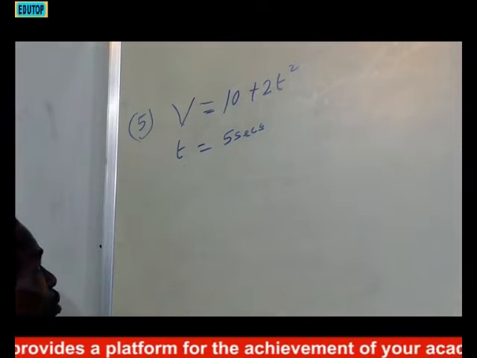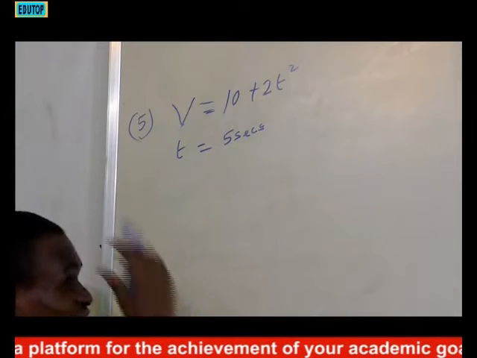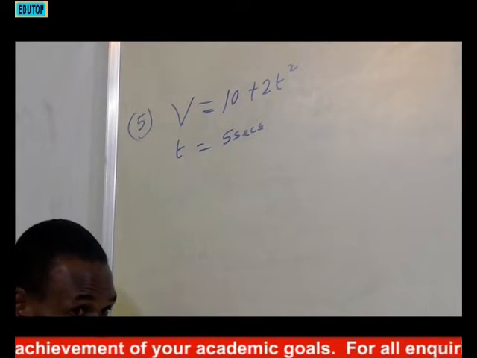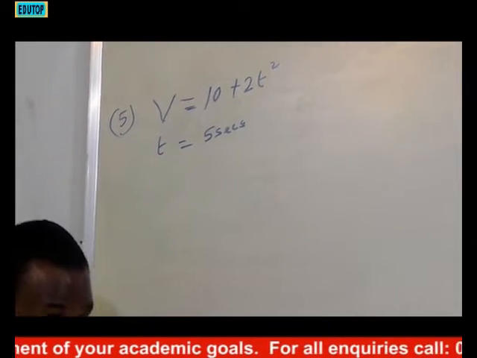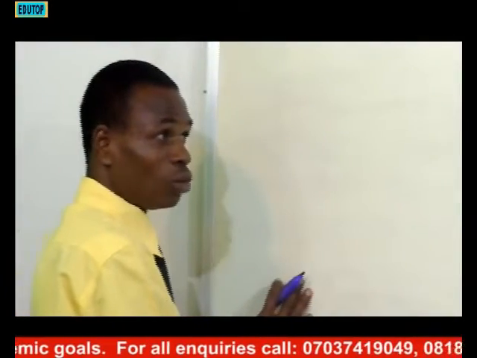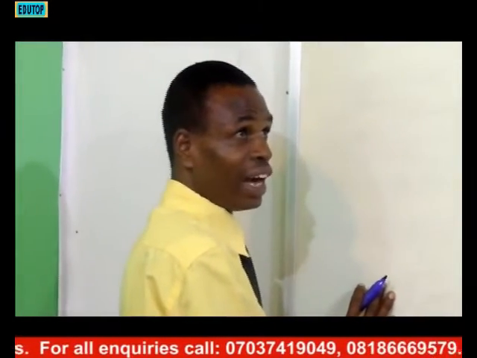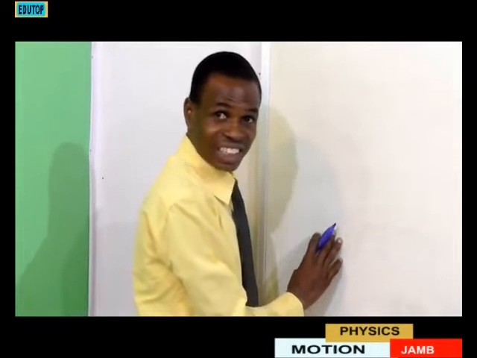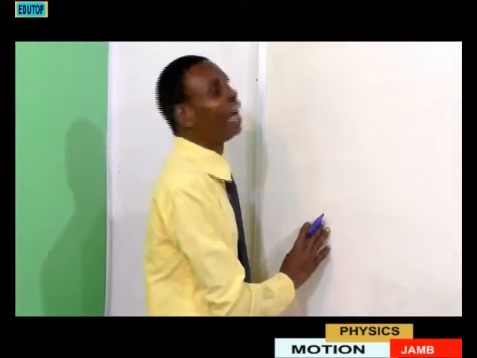To get acceleration, we have something we call derivative. If you are familiar with your mathematics under differentiation, you remember that? Where you are calculating for velocity, you are going to have ds dt. If you are calculating for acceleration, you are going to have dv dt. You understand those things?